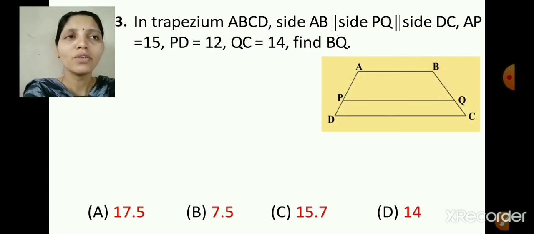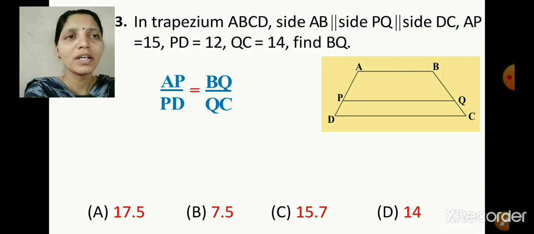So what we will do here, if 3 lines are parallel to each other, then which property can you use here? The property of 3 parallel lines and their transversals. So here AD and BC are the transversals. So what is the proper formula for it? AP upon PD is equal to BQ upon QC.